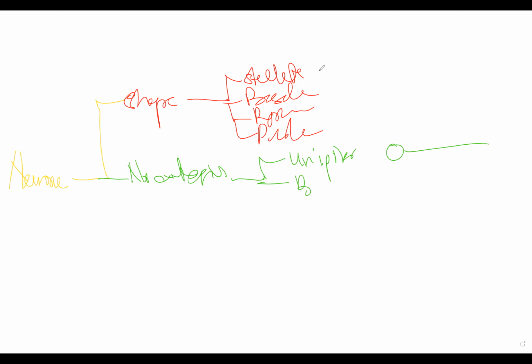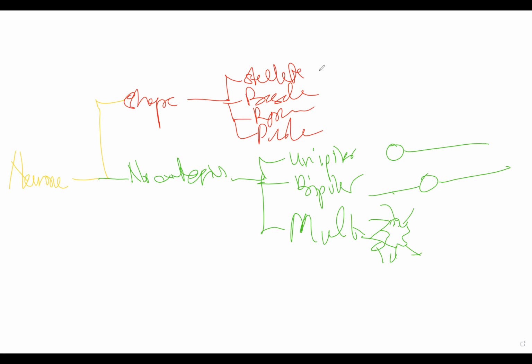We could have bipolar, which has two extensions, so an axon and a dendrite. And then we could have multipolar, which has an uncountable dendrite system, plenty, and usually one axon.